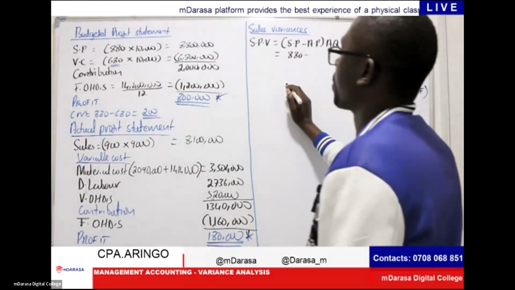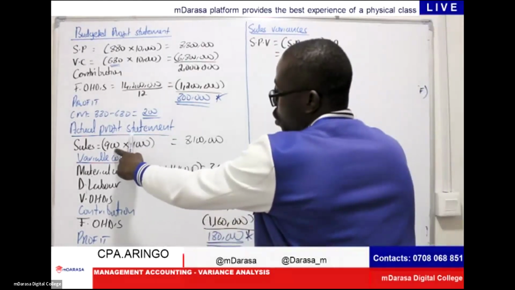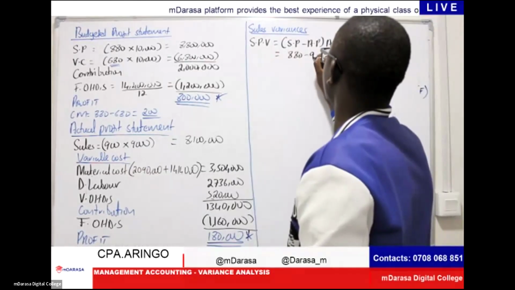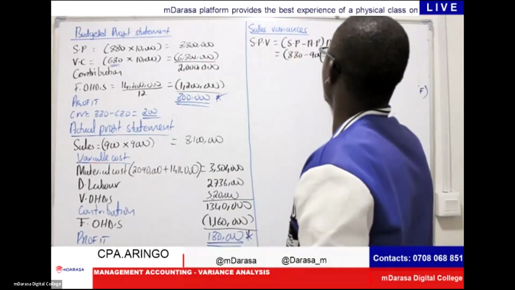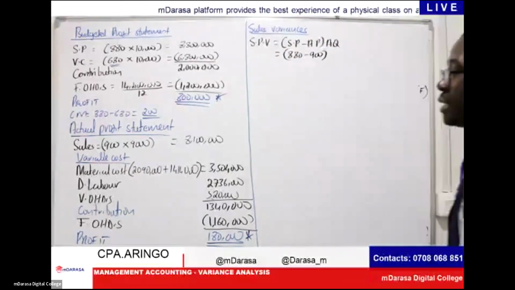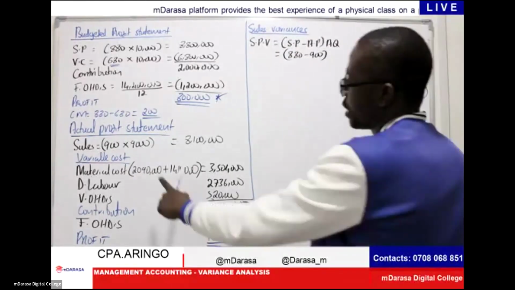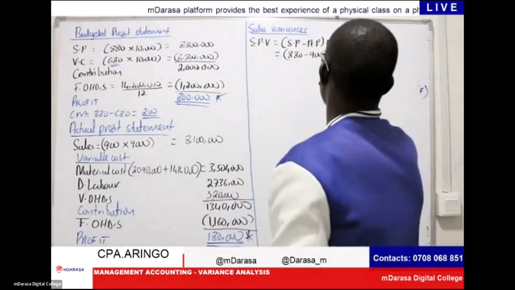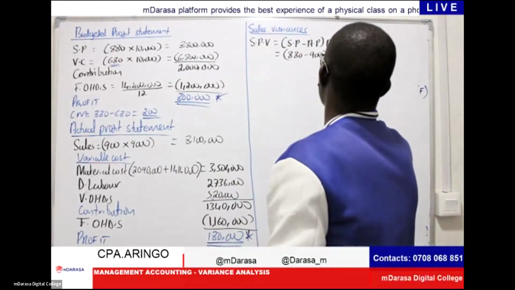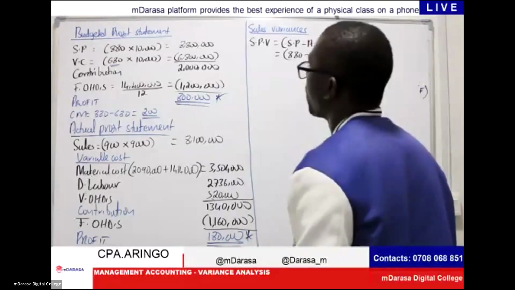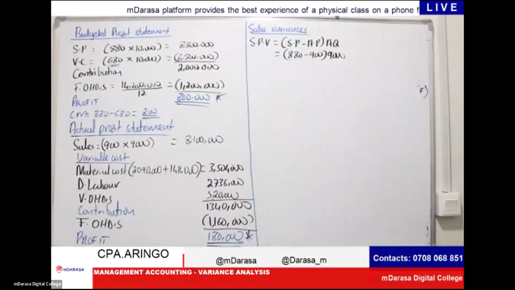Our actual selling price, you can see, is 900. The actual quantity of units sold is 9,000. So this will give us our sales price variance.